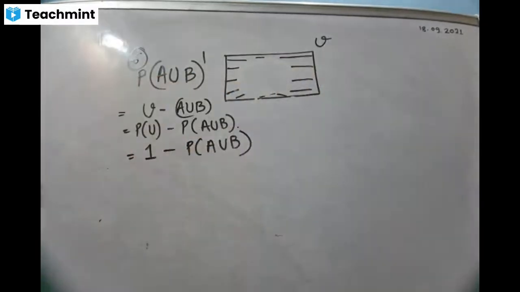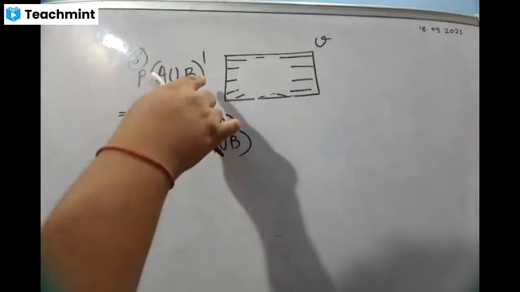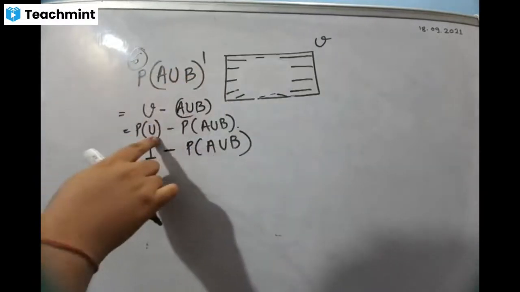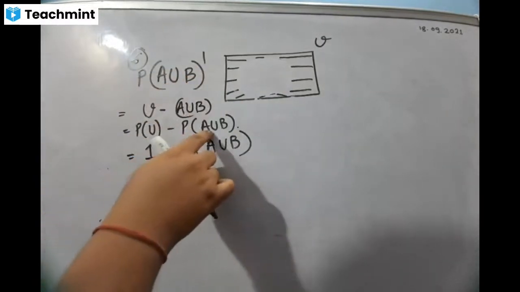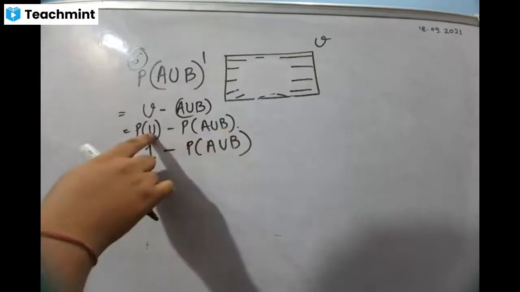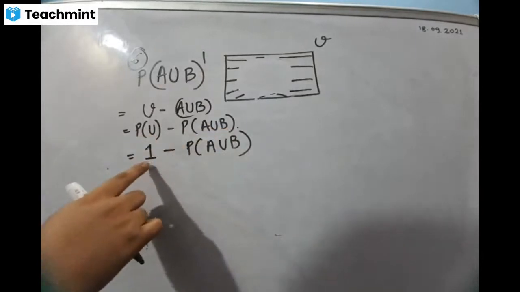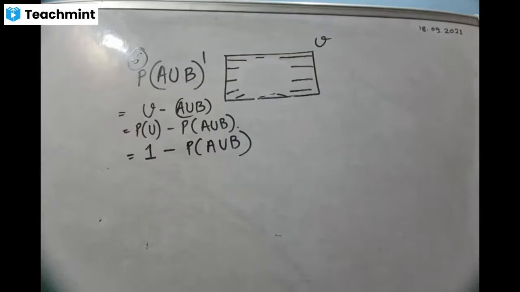But if I have to find the probability of A union B complement, then that is going to be probability of the universal set minus probability of A union B, and the probability of the universal set is always equal to 1. You might be wondering, how is the probability of the universal set always equal to 1? Because universal set contains all the numbers that are under consideration.